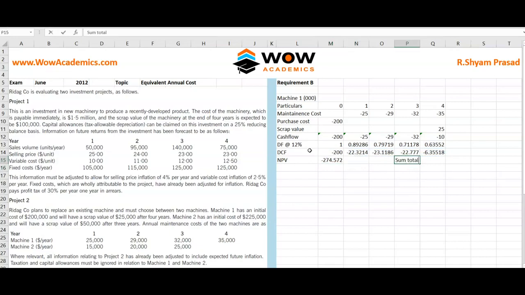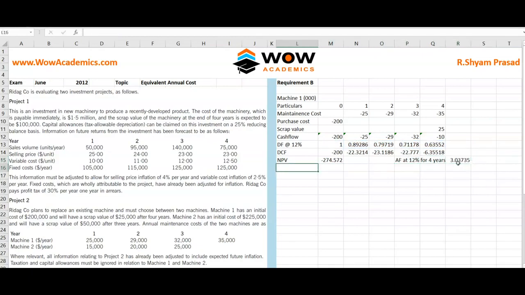Now we have to get the sum total of the discount factors, or we can just say that it is the annuity factor at 12% for 4 years. Take all the decimal calculations that you have made, don't take the 1 and close the bracket. So we got the number.